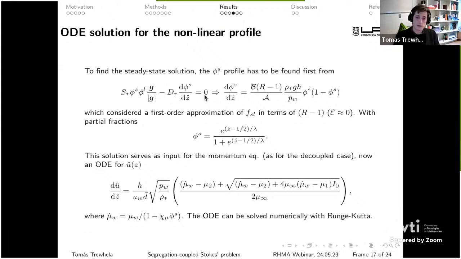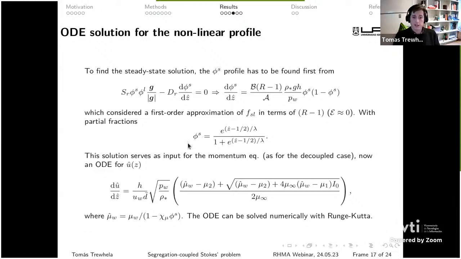And this can be solved following this, and then finding a solution for phi s using partial fractions that will yield this equation here, that is a ratio between exponentials with a constant of integration that depends on the average concentration, that for the whole problem will be half, because the concentration of small particles throughout the vertical, due to mass conservation, has to be preserved, so it has to be 1/2, and this 1/2 is preserved here in this constant of integration for the phi s profile.